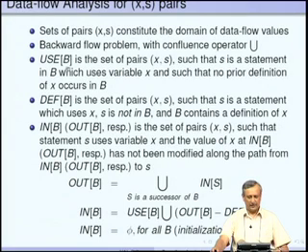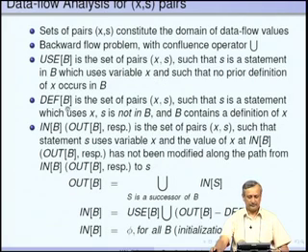So, there is a slight modification. Use B is the set of pairs x, s such that there is a statement s in B which uses variable x and such that no prior definition of x occurs in B. So, here as I said, we are tagging along the statement number of the use also. There we only worried about the use before the definition.